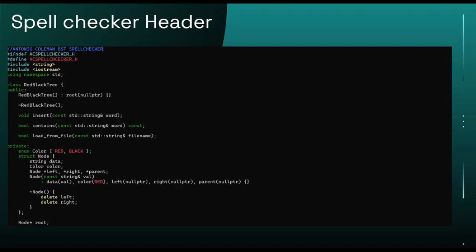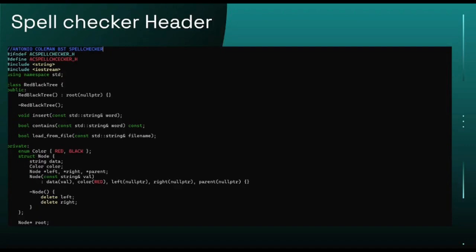Also, I have a default constructor as well as destructor in my public section, as well as the insert operator, which adds a new word from the dictionary, as well as my private helpers like destroy tree, fix insert, and insert recursive, which are all essential to help the red-black tree balancing function stay effective.